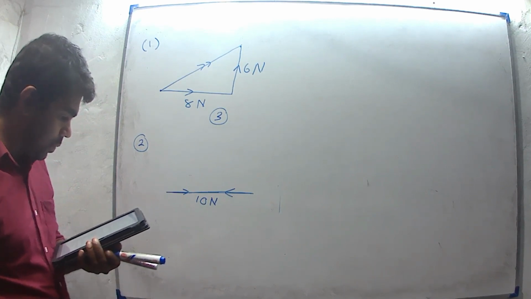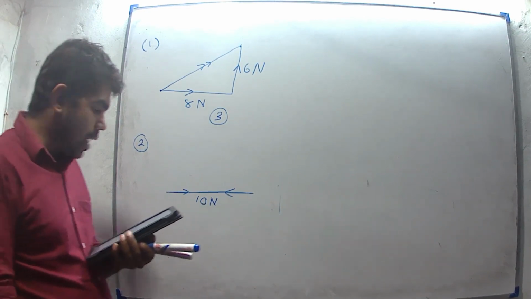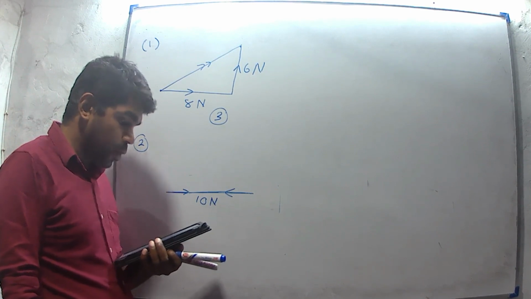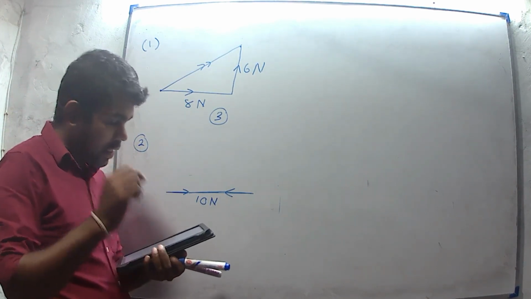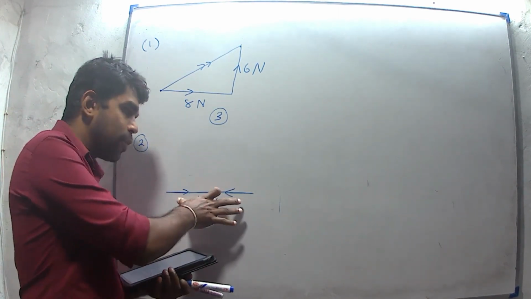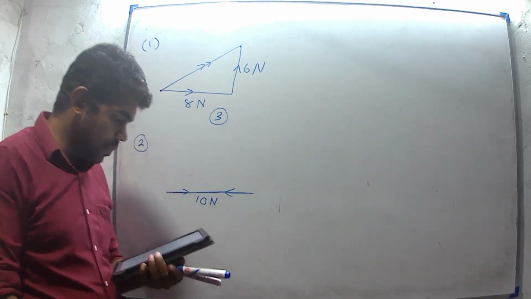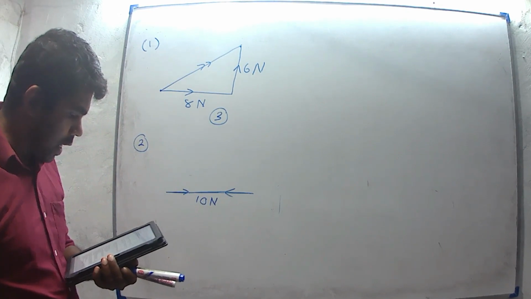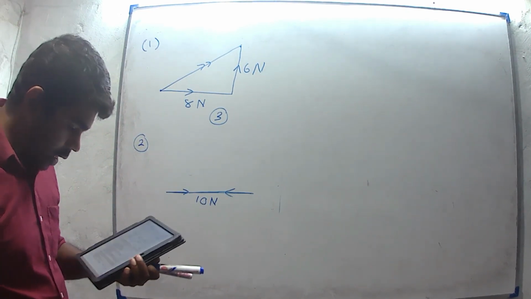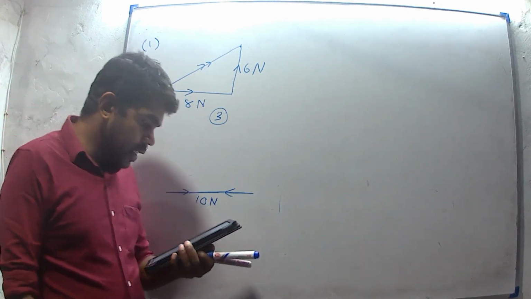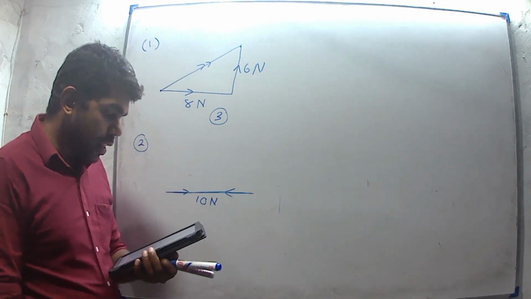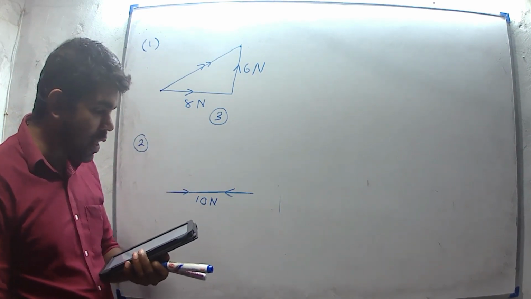Then the fourth one, the largest force is 20 Newton and we can get 10 plus 10 equals 20. Therefore, by using this method, we can represent it by using a system of forces with 0 resultant.